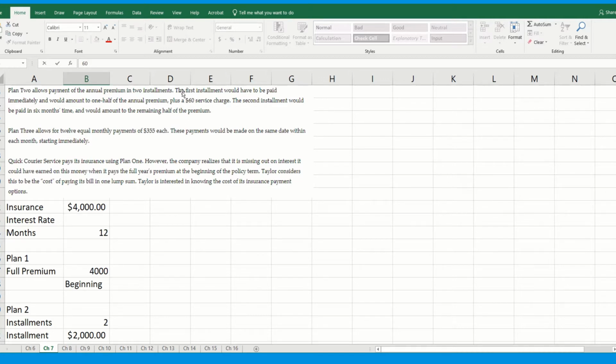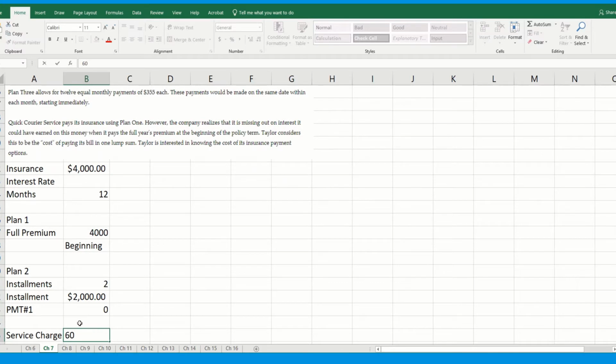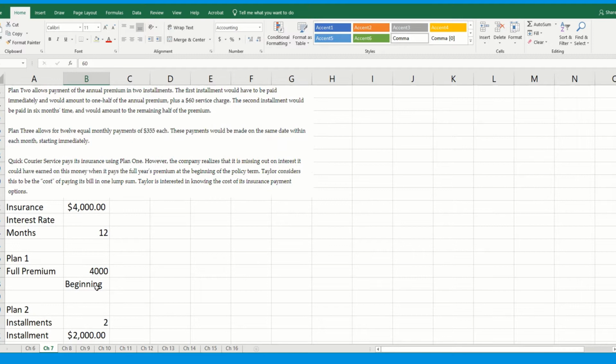So the surcharge is on top there, and then the other one is at time 6. So payment 2 is at 6 months. There's a surcharge of $60, I'll put that in there. These are times, there's 2 of them. Okay, so we have plan 1 and plan 2 in there.